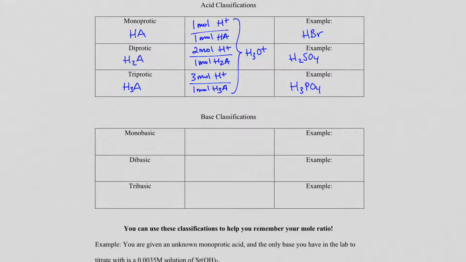So it turns out that you can also do this kind of thing for bases, okay? So monobasic, before I get into it, we have a pretty way to write acids. I could use a capital B, but that's boron. I don't really mean boron, I just mean base.